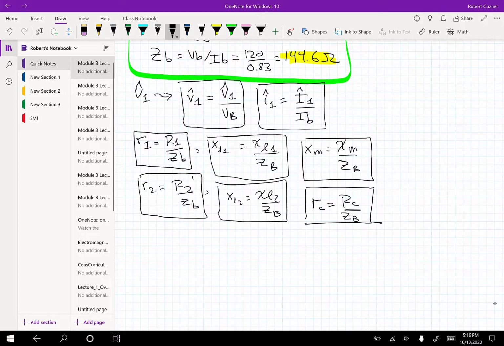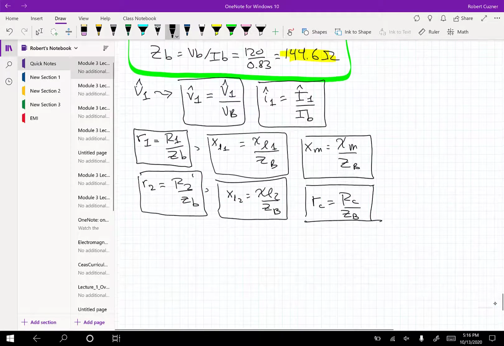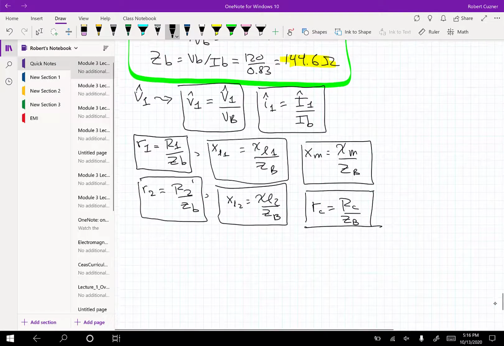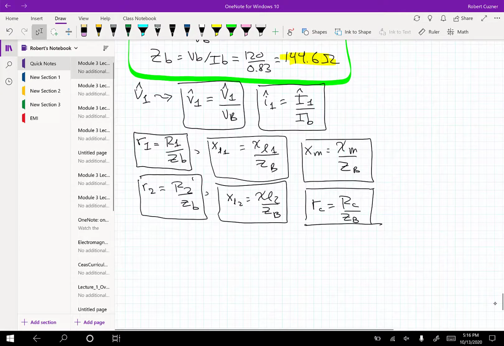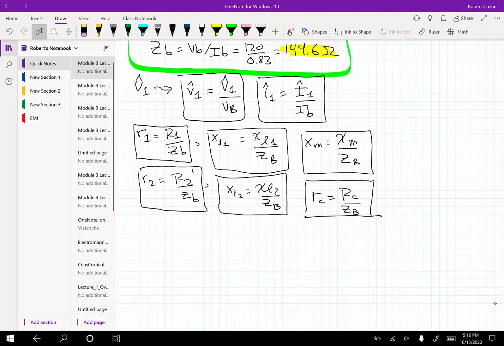There you go. There's your per unitized values, and whatever your base is going to determine what they are. We're referring everything to the primary, so we're using the primary as a base. Notice we know that because I'm priming the R2s and I'm priming the XL2.